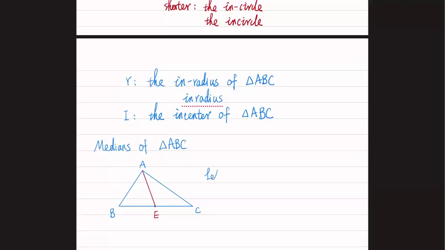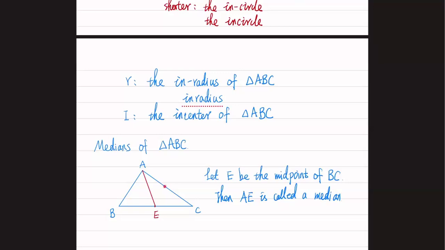Let E be the midpoint. Then AE is called a median. So we can find the midpoint, connect, midpoint, connect. It turns out the three medians are also concurrent. And we will learn more about this next time.